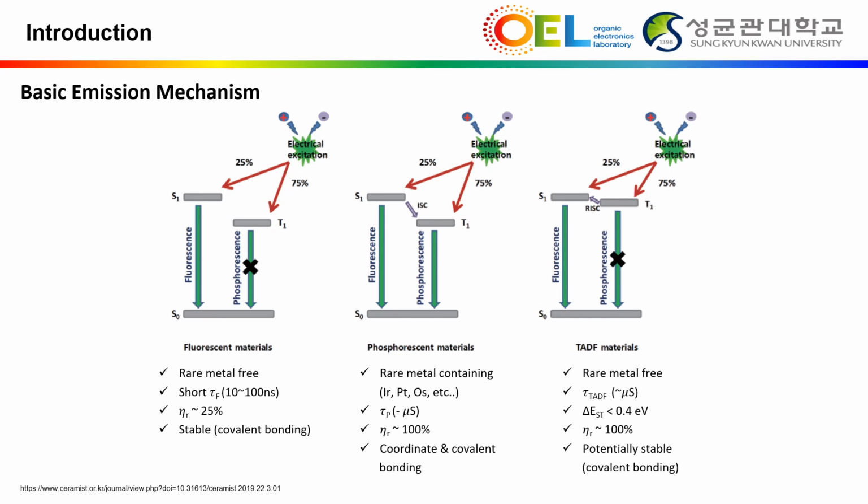This is because the heavy atom effect facilitates the conversion of singlet excitons to triplet excitons through a process called intersystem crossing. This conversion process allows up to 75% of triplet excitons formed in the EML to participate in emission, and up to 25% of singlet excitons can also contribute to emission by undergoing intersystem crossing. This leads to a maximum quantum efficiency of 100%.